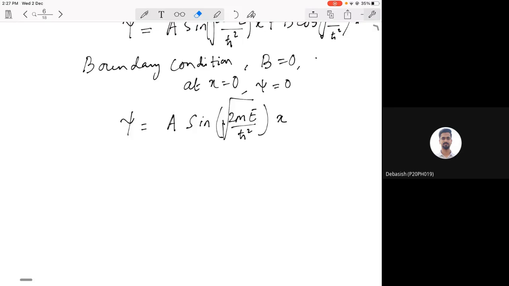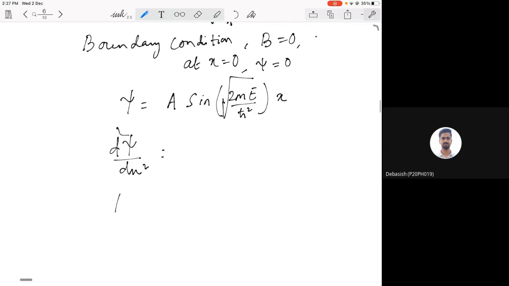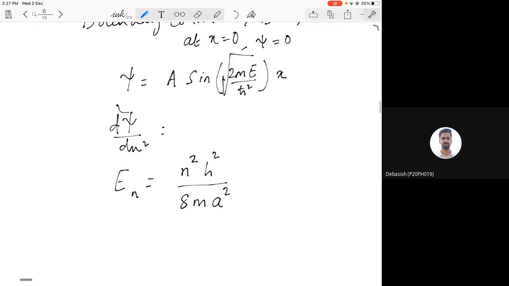I am not going to do every step because you already know it. You calculate d square psi by dx square and substitute that, and then you will get your energy eigenvalues as n square h square by 8m a square. Is it correct or not?